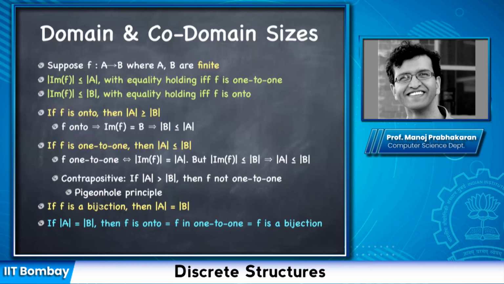They all mean that it's a bijection. So if the finite domain and codomain of a function are the same size, and I tell you it has to be onto, then it has to be a bijection. It has to also be 1 to 1.